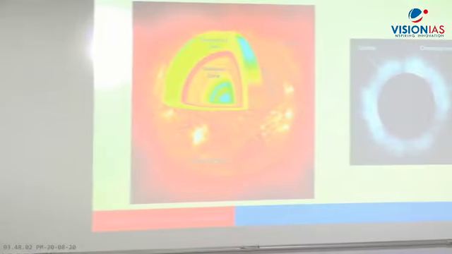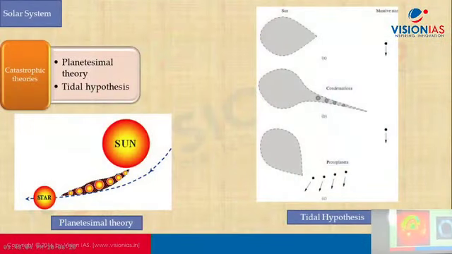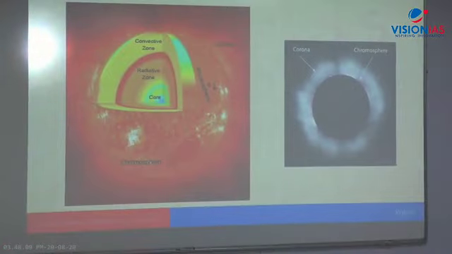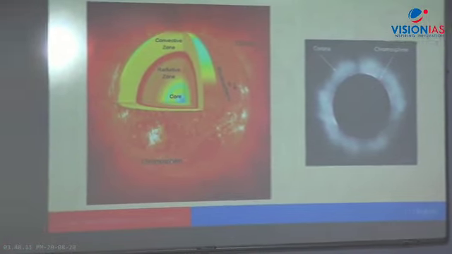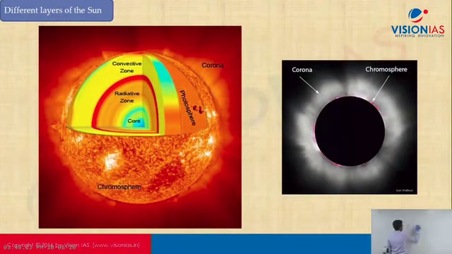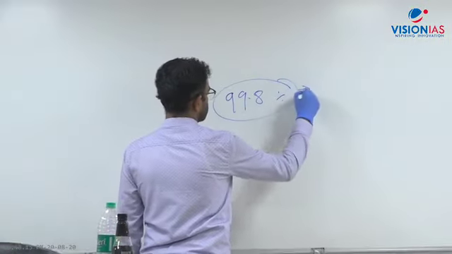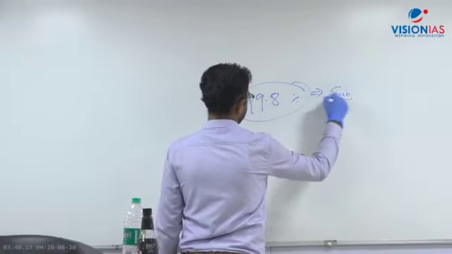Now, in the solar system the most important one is the sun, which is our star. Do you know that 99.8% of the mass of the solar system is in the sun only?